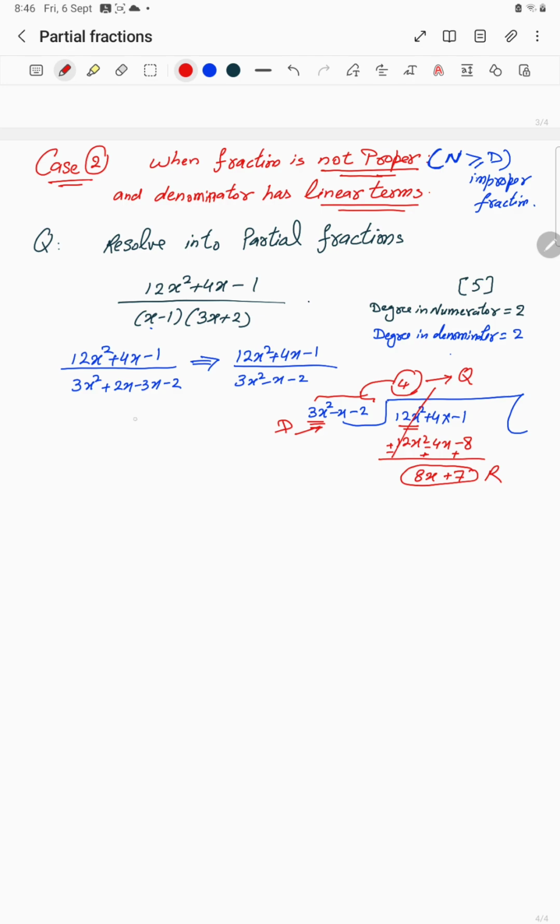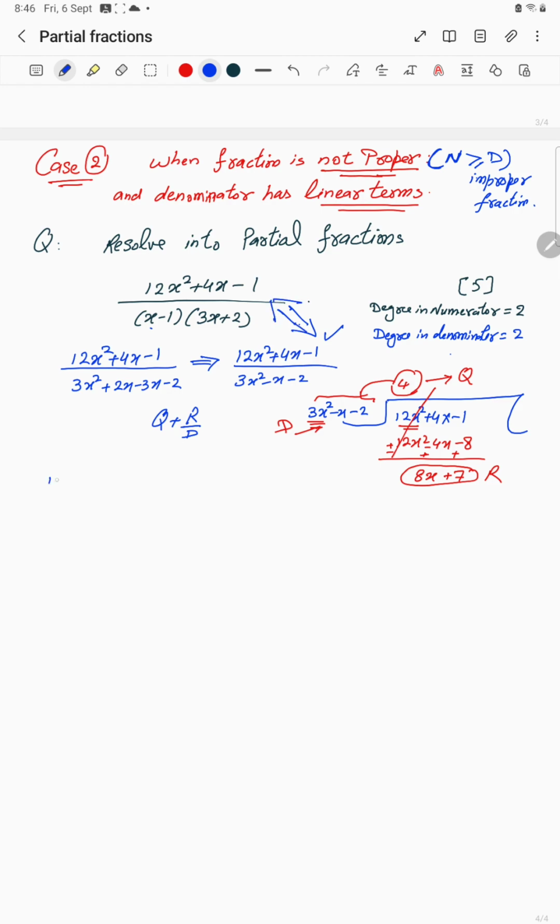So the rule is to write the quotient plus remainder over divisor. The given fraction, I'm going to write again. This is the same as this, right? We just multiplied the denominator out to make it a division.